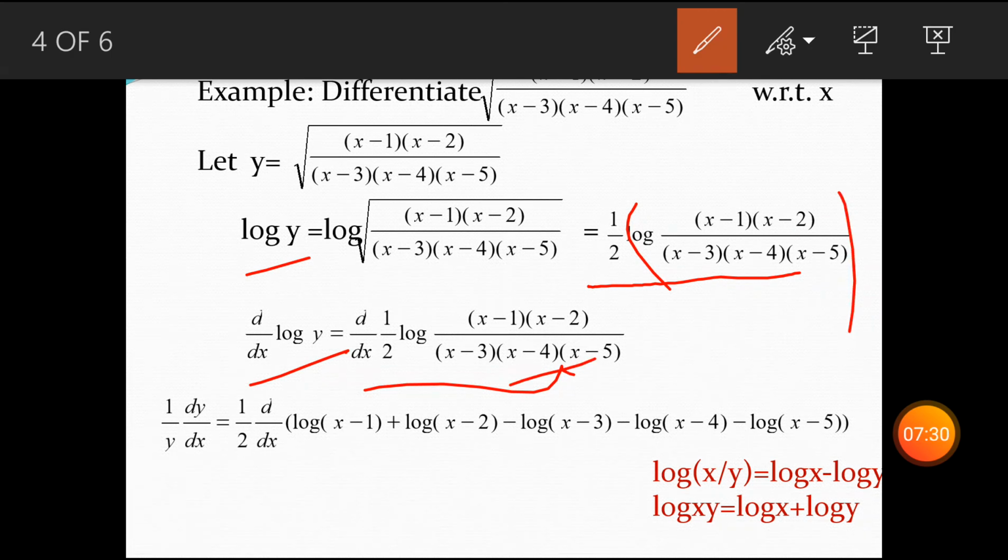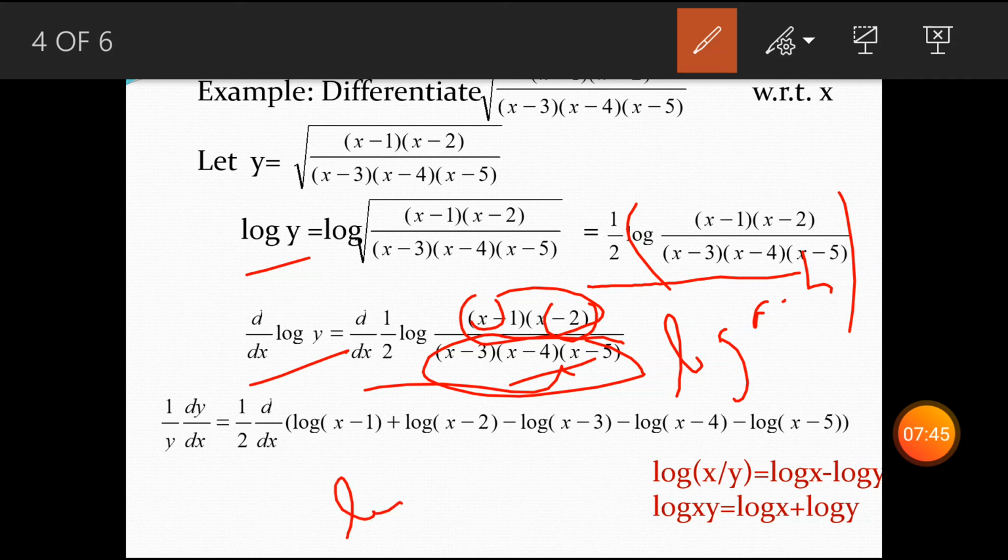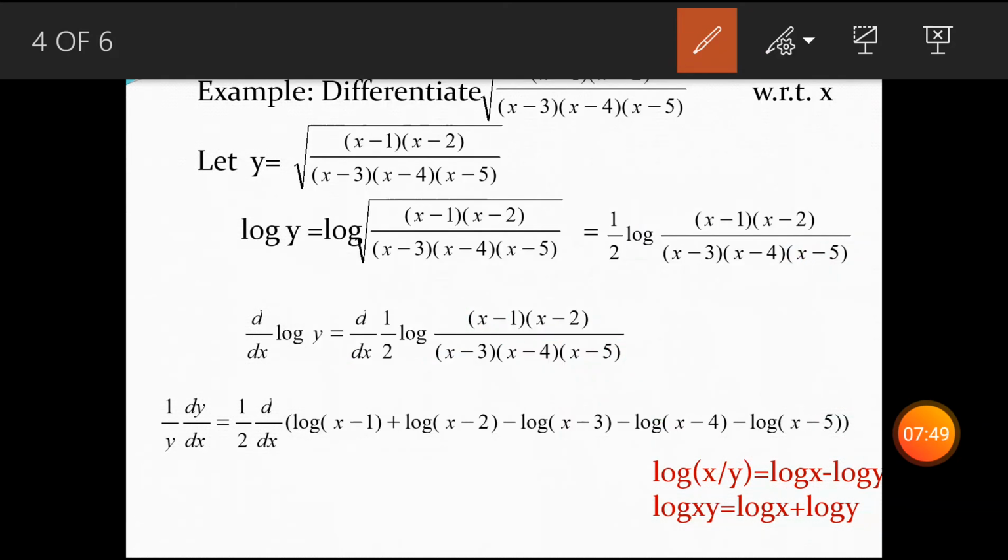Now as log is there, you can write log of this minus log of this. We have written it like this, and after that, as these two are multiplied, and you know very well log a into b is nothing but log a plus log b, we are going to use this formula also.